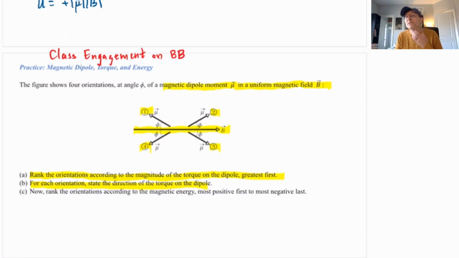Think about mu cross B in the right-hand rule. And then for C, rank the orientations according to the magnetic energy, the U, most positive first to most negative last. Okay, so just a little bit of practice with a magnetic dipole in a magnetic field.